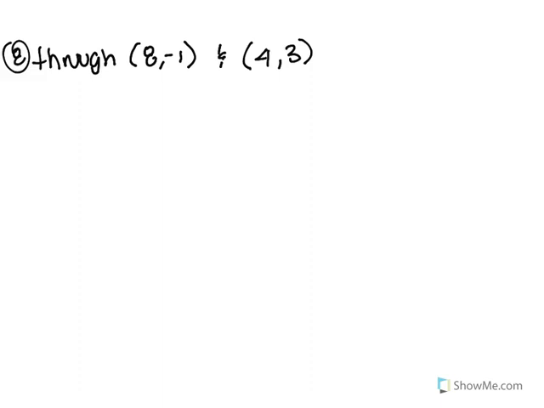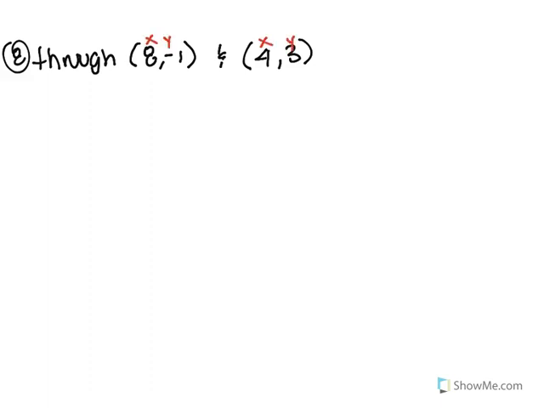So this time I'm giving you 2 points. Now what do you need to do first? Good, find the slope. I didn't say m equals, so I gave you 2 points instead. So now you've got to do a little extra work. You've got to find the slope because you need slope.